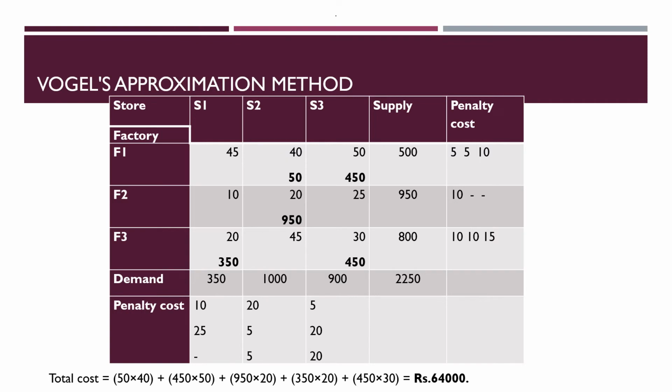Now all the row totals are satisfied. Now let's look at the columns. 350 for S1, 50 plus 950 is 1000 for S2, 450 plus 450, 900 for S3. Now you can see all the penalty costs and the allocation in a single table.